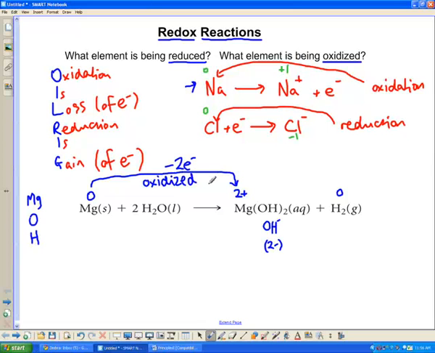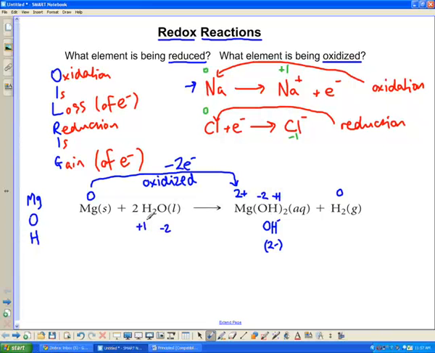Alright? And if the magnesium was oxidized, that means something else here must have been reduced. Now, in water, the oxidation state of oxygen is -2. We'd said before the oxidation state of the O in OH minus is also -2. So notice for oxygen nothing has changed. The oxidation state of hydrogen here is +1. In water it's also +1, which means there's no change there as well.